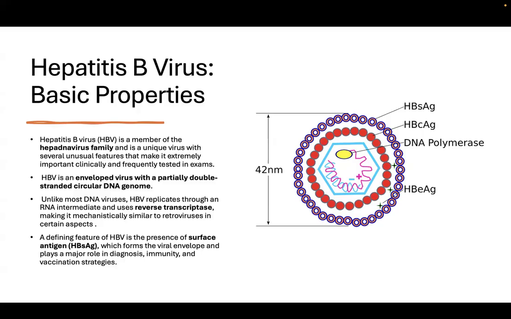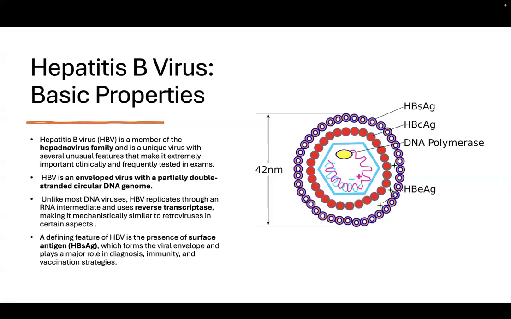So that's one. Two, it's enveloped, and it uses these hepatitis surface antigens, which create your envelope. One other weird thing about this virus is that it also does reverse transcription.